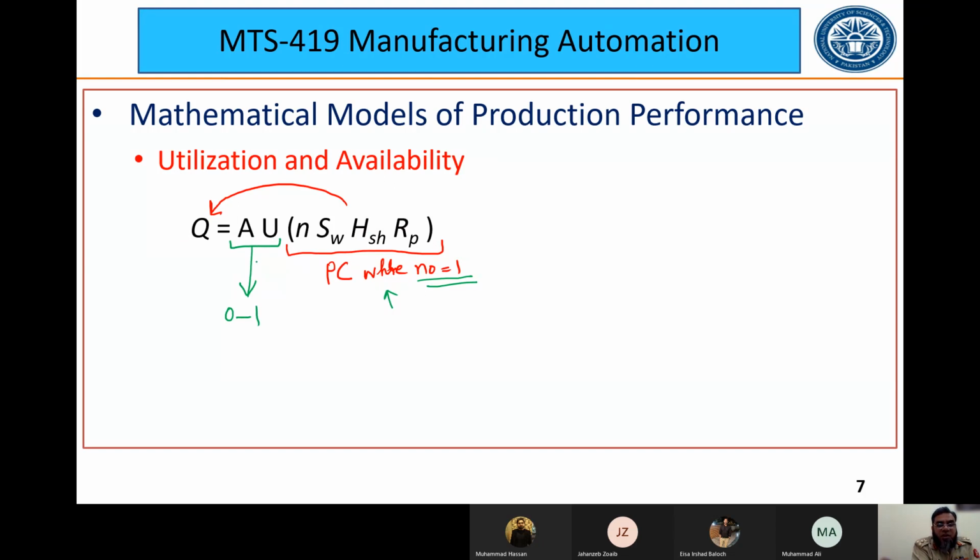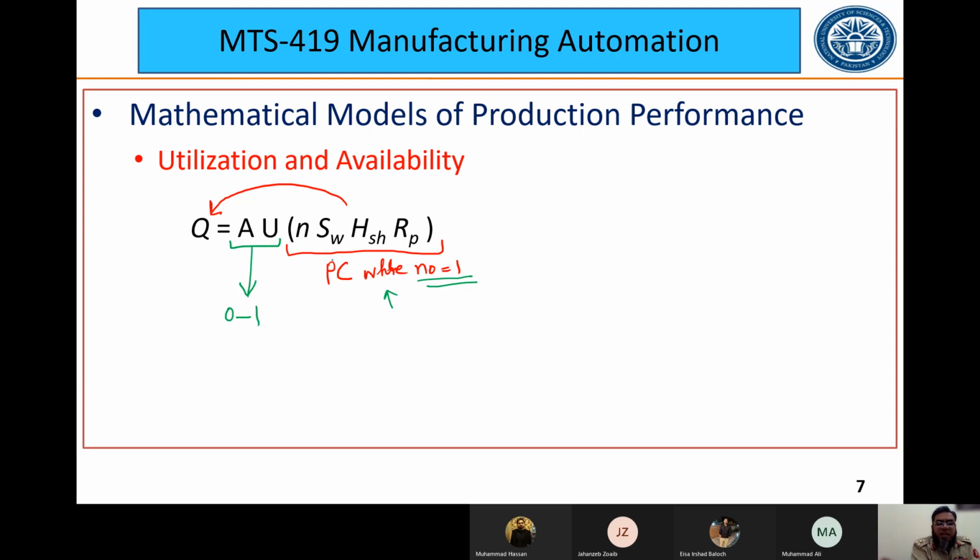So what we are adding here is that these are the two factors which affect our production. If we have availability 1 and utilization 1, then that means that we are producing the Q quantity of items which is equal to our plant capacity or production capacity. PC is a term which can be used for production capacity and for plant capacity also.